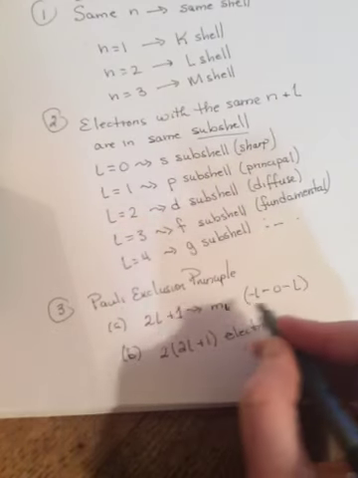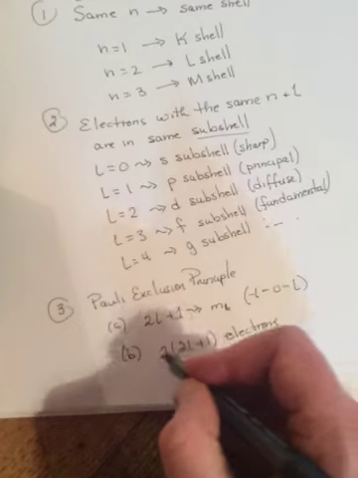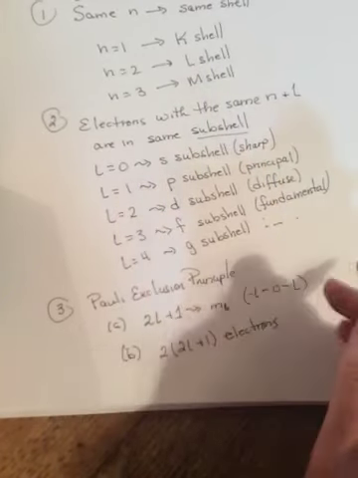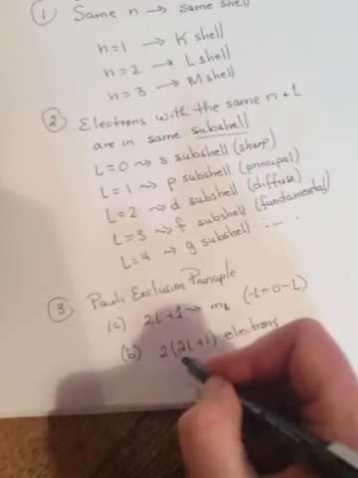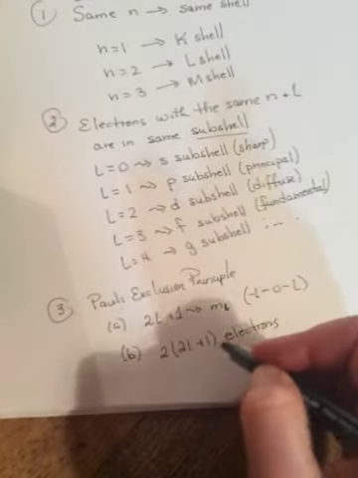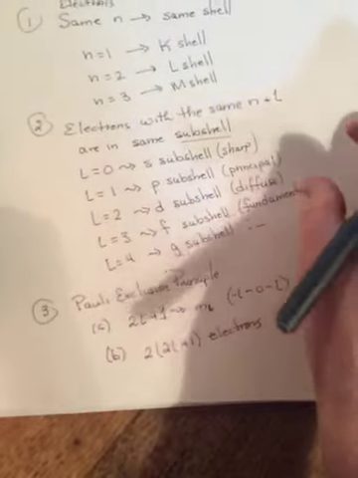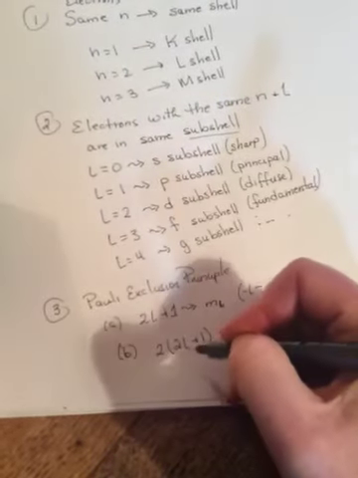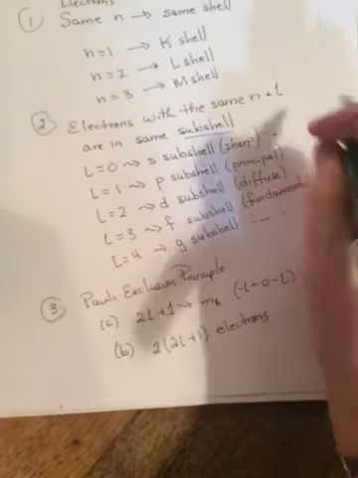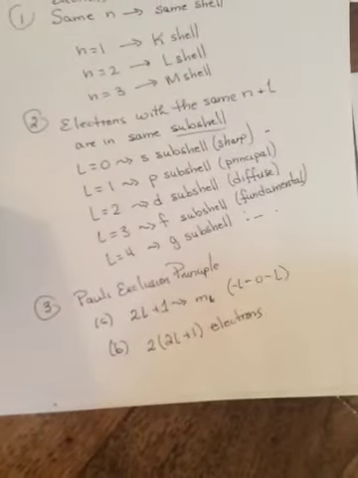That means there are 3 different orbitals, and there can be 6 electrons, because there can be 2 electrons for every value of M. That's why there's a 2 in front. So if we go up here, when L equals 0, the inside of the bracket becomes 1.